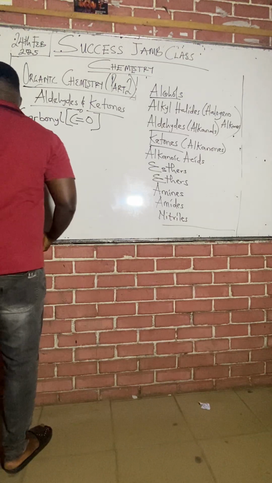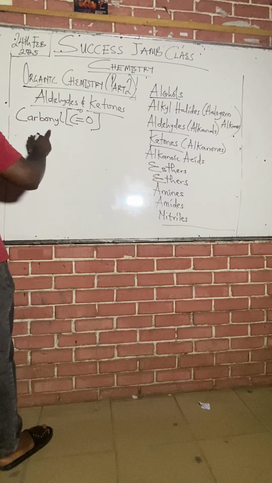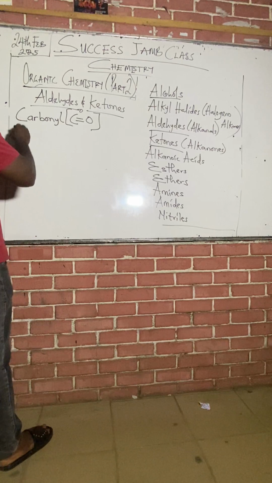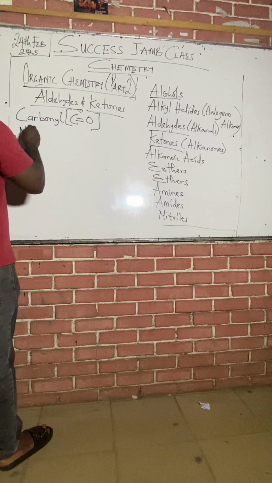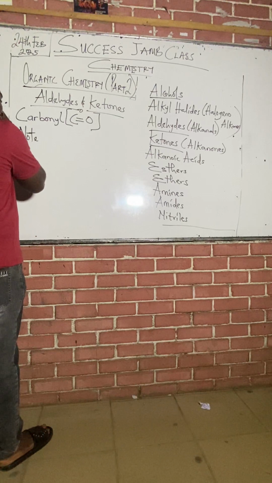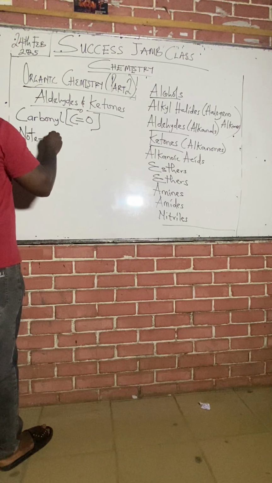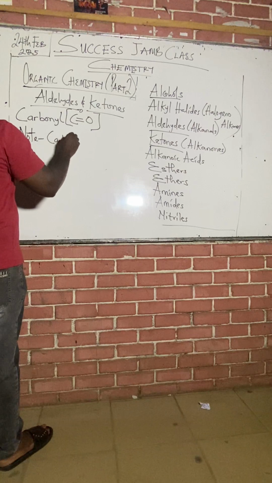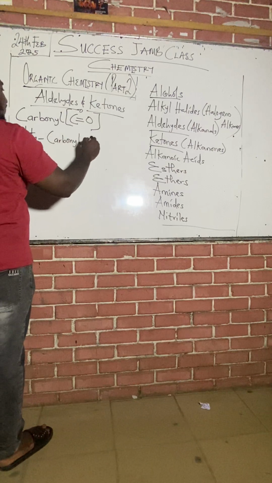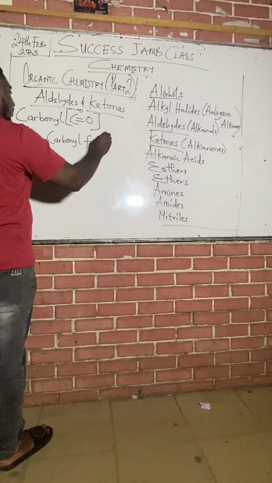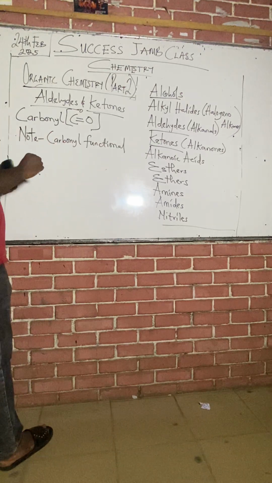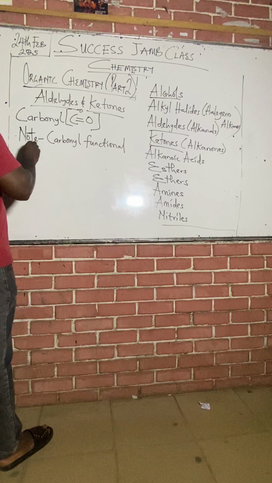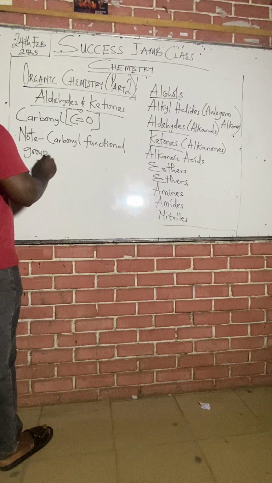Class, but different position, because in the aldehydes the carbonyl functional group, write down note, is found at the end, at the ending carbon, the terminal carbon. Note: the carbonyl functional group in aldehyde is found at the terminal carbon.